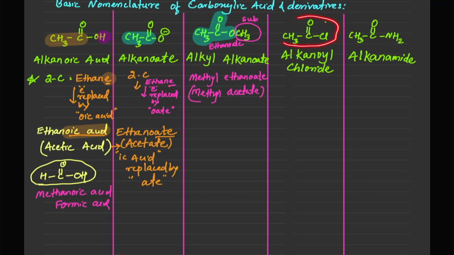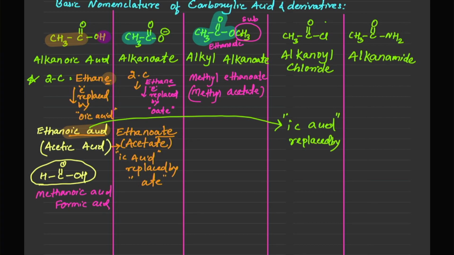Next one, alkanoyl chloride. So I like to go over from here. So let's say you go over here. So again, the same thing, ic acid is replaced by yl chloride.